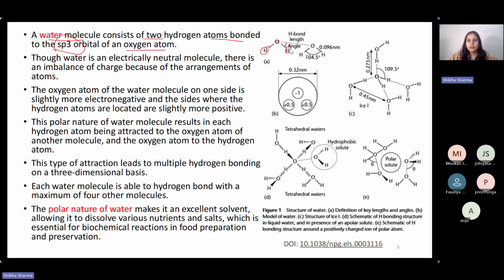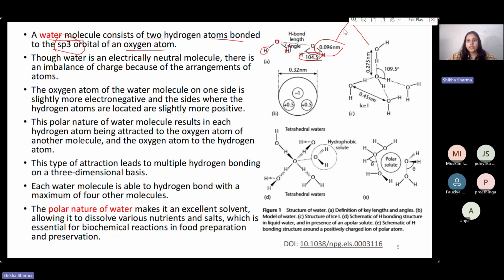The oxygen atom is attached to two hydrogen atoms. The bond angle between the two hydrogen atoms is around 104.5 degrees because it forms a V-shaped structure, and the OH bond length is around 0.096 nanometer.